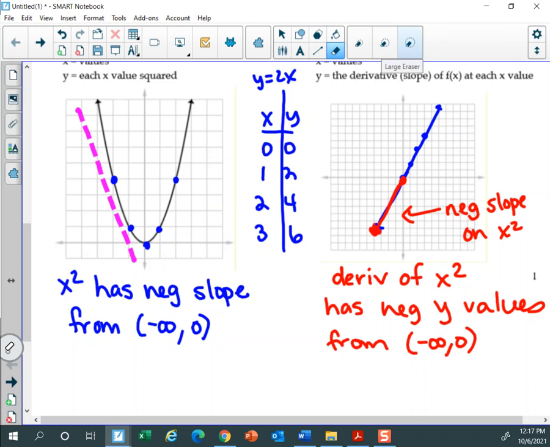It's kind of a hard set of concepts to put together sometimes, how we're connecting the two different graphs. When I look at slope on this side, on the original, it is a y value on the derivative graph.